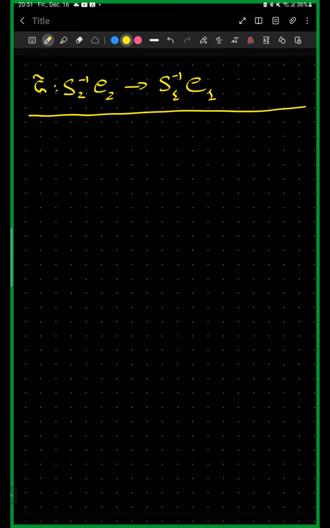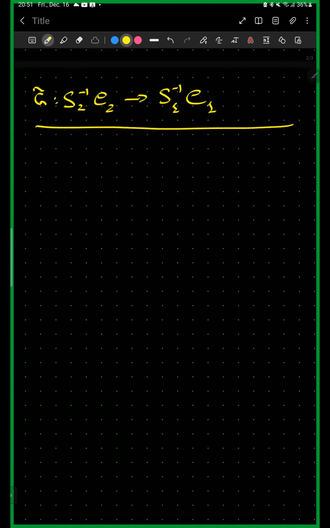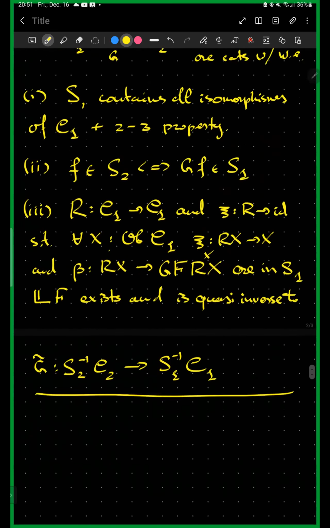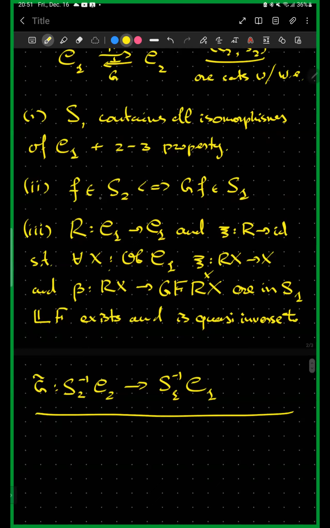So clearly, it is almost immediate that all of these adjunctions satisfy conditions 1 and 2. Sorry, condition 1 is really about the category C1 itself.